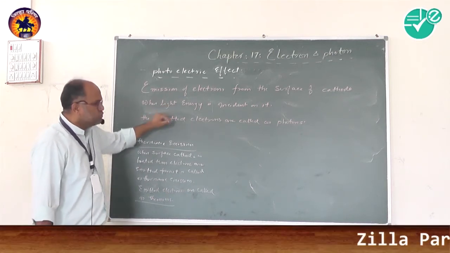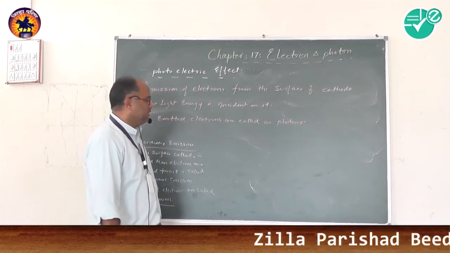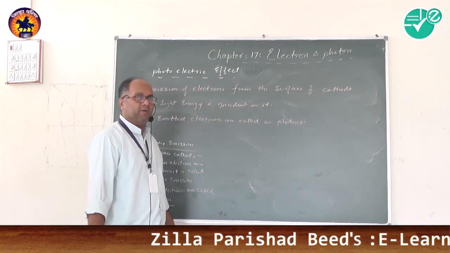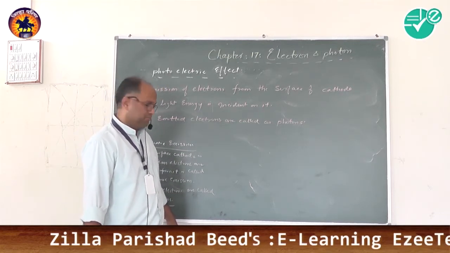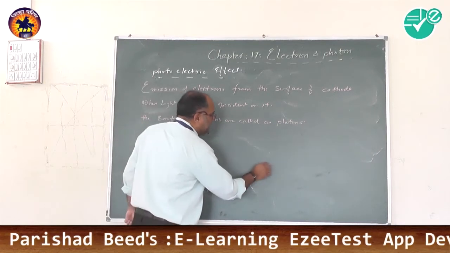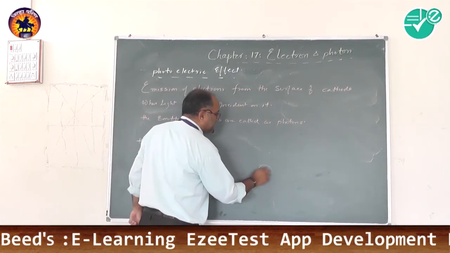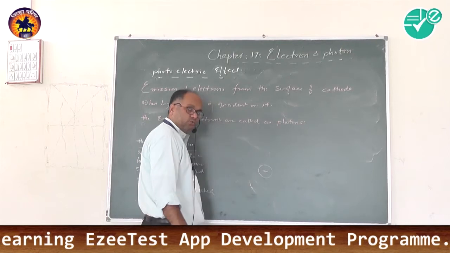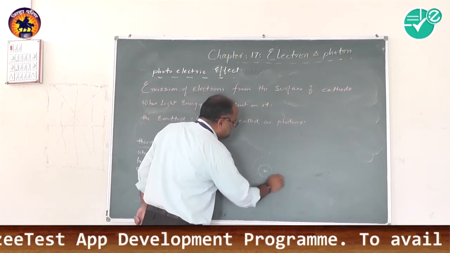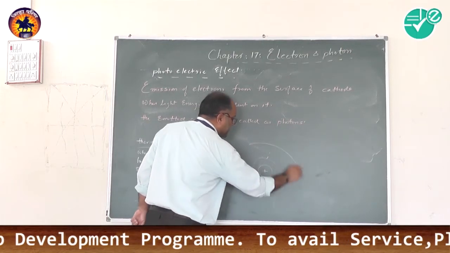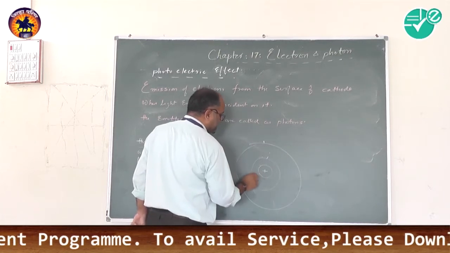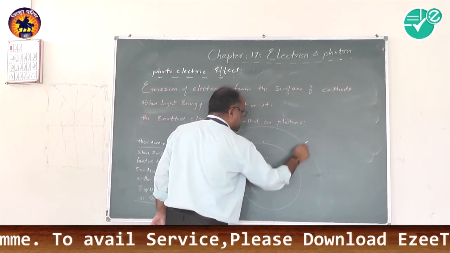Now in these two concepts we must study the concept of binding energy. We know that if we consider an atom, this is the central core called the nucleus. This is the first orbit, this is the second orbit, this is the third orbit, and so on.